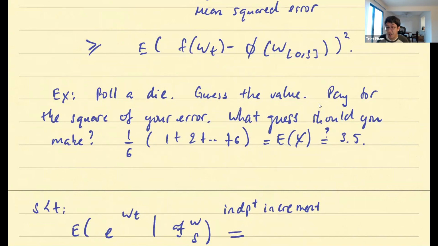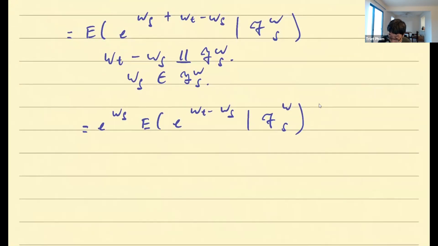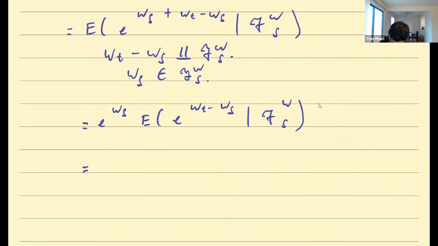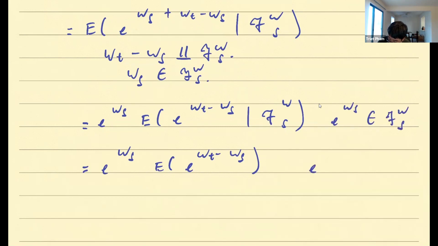There's no relation between the weather in Pennsylvania and the roll of the die. You could, but it basically comes out to the same thing. So here is e to W_S times the expectation of the increment. This is by the fact that e to W_S is known, and this is by independence.